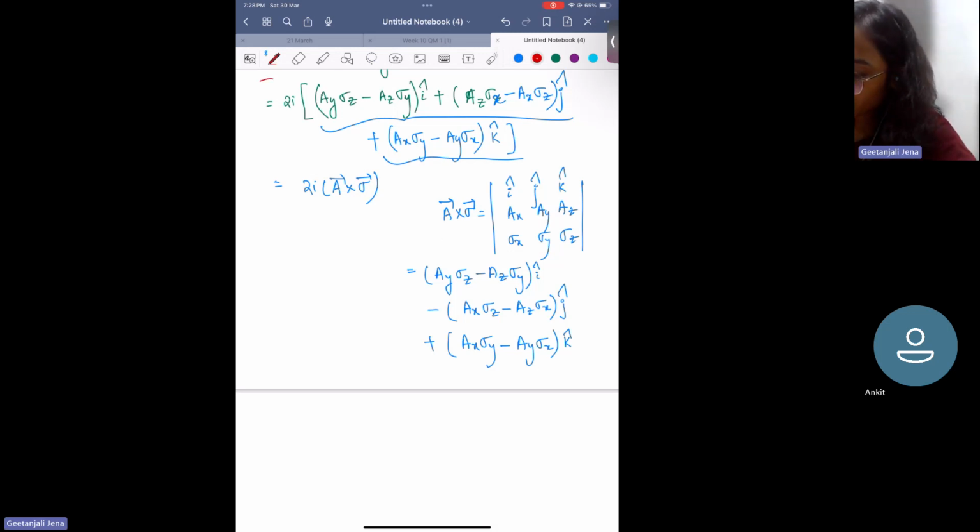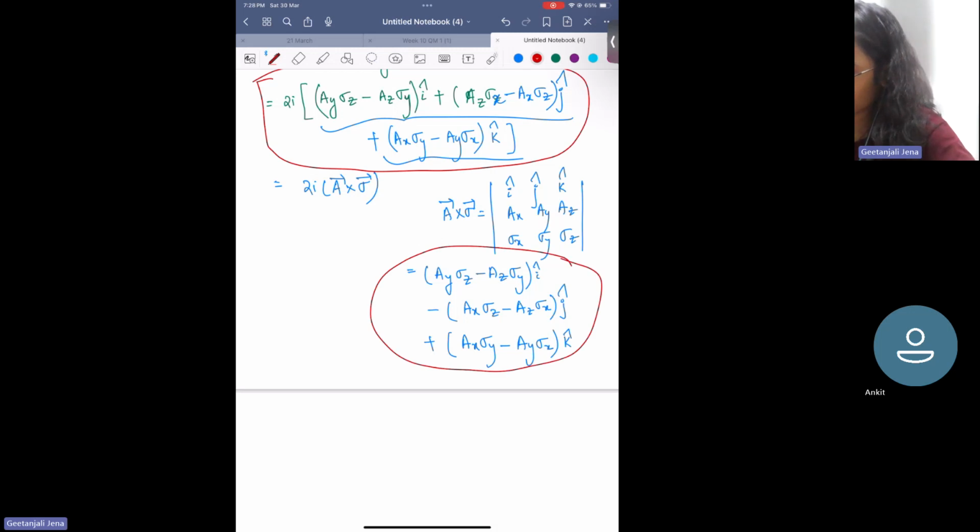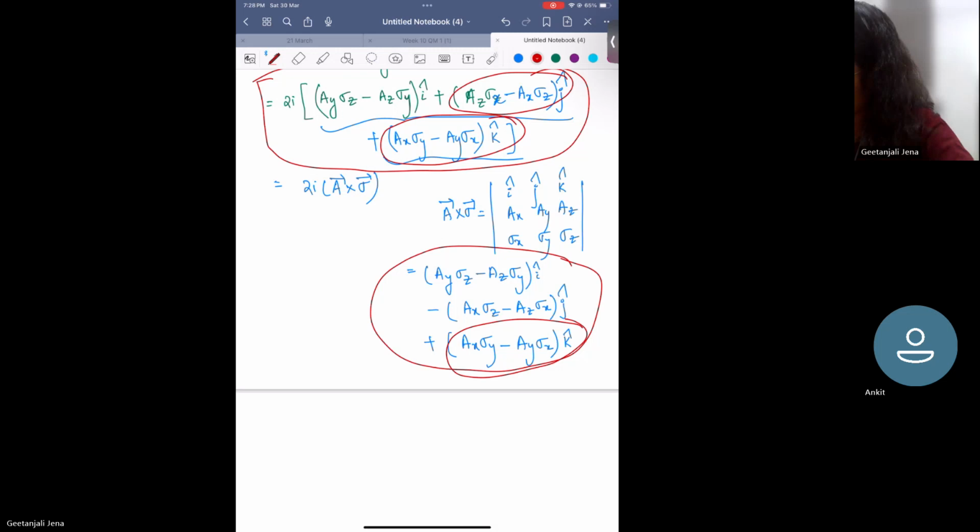If you compare this term with this one, you will see they are both equal. The third one is equal, the second one is also equal, and the first one is also equal to this one.